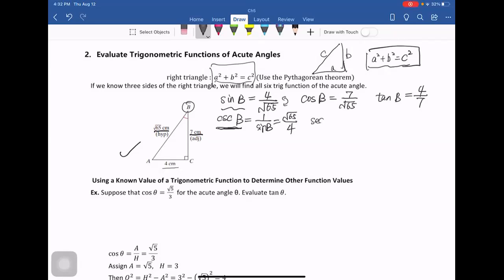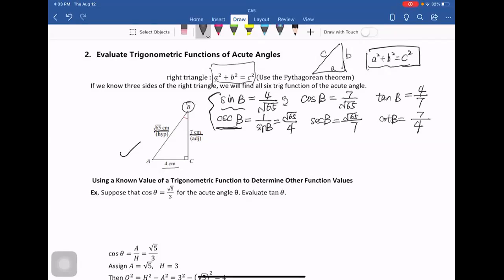And secant B equals the reciprocal of cosine B, that's square root of 65 over 7. Cotangent B, that's 1 over tangent B, that's 7 over 4. So if they give us 3 sides, we can find all of these 6 trig functions.